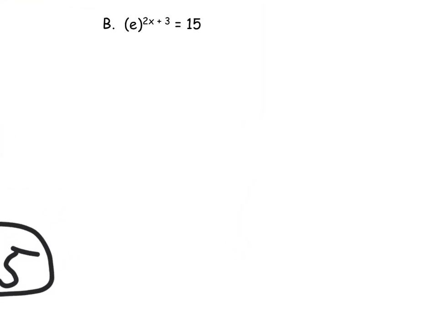Okay? Well, e is already by itself. So we're going to go log base e, which is the ln of 15. It's always equal to the exponent. There's your exponent right there, 2x plus 3. So here's what I would probably do with this one, just to make it a little bit easier.